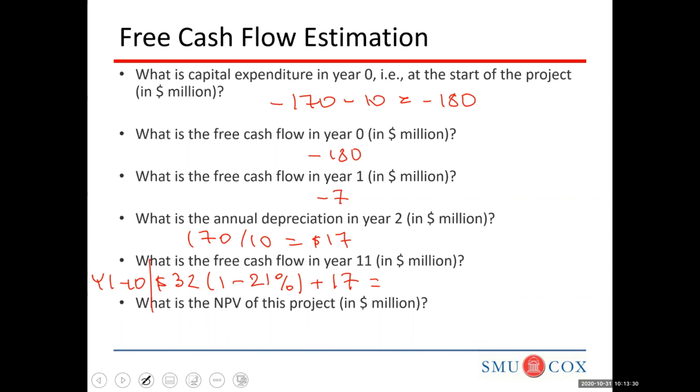That gives me 42.28. And then in year 11, it is 42.28 plus release of working capital.